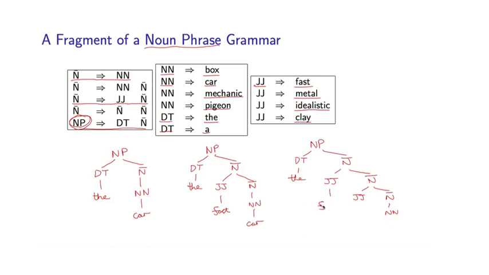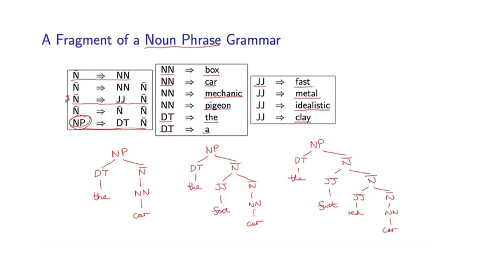And so I can have things like the fast red car. Okay, and you can see how you could repeatedly apply this adjective rule, so you can get multiple adjectives before a noun which are all modifiers to that noun. Okay, so that's an example of how we can use this rule here.